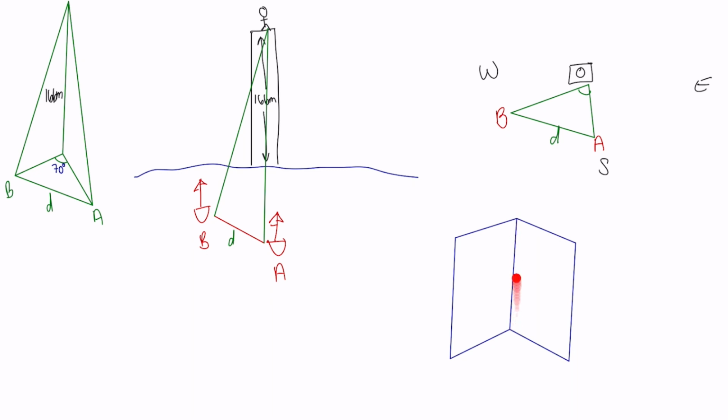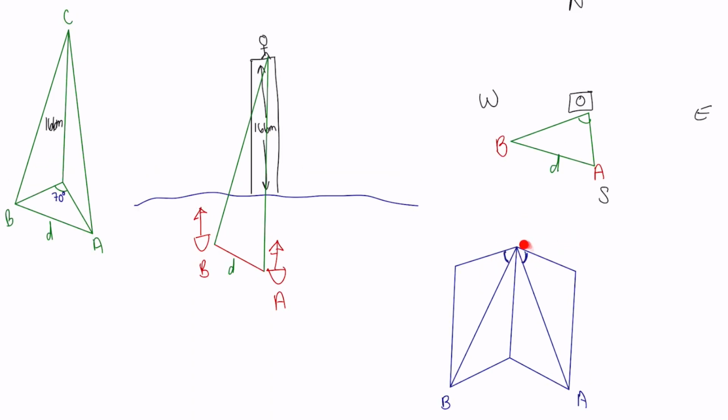If this is the Skylon tower in the middle here, which is 166 meters, and boat A and B are here, the angles of depression would be the angle here and the angle here, because it is from the horizontal looking down, and depression means down. So you're looking down at boats B and A from the horizontal at the top of the tower.